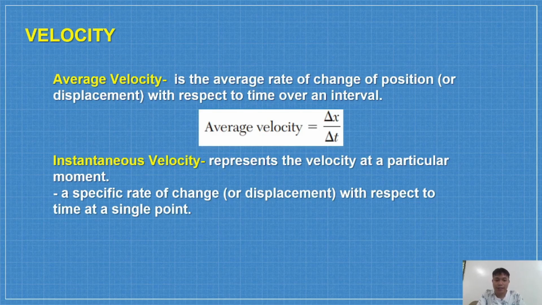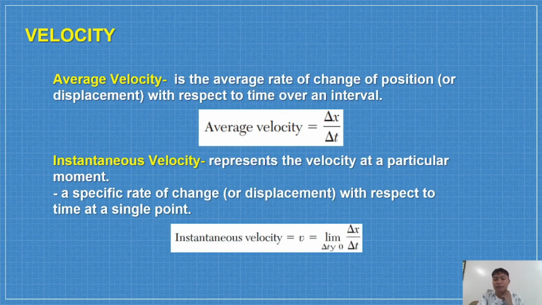So it denotes here that v is equal to delta x over delta t, with the limit as delta t approaches 0. Units here will be meter per second for the SI, then for the US customary, we can use feet per second.